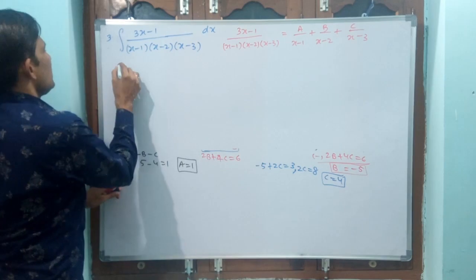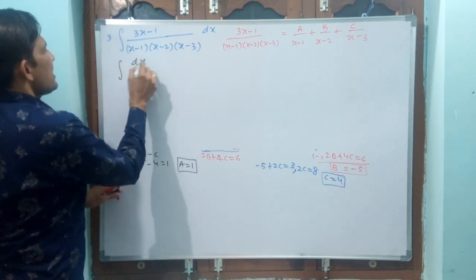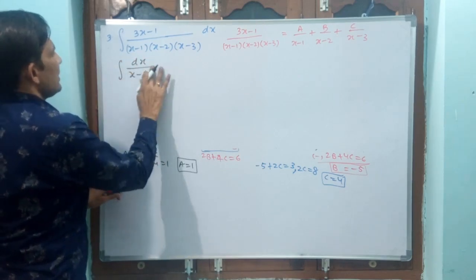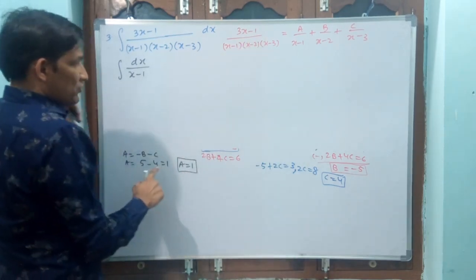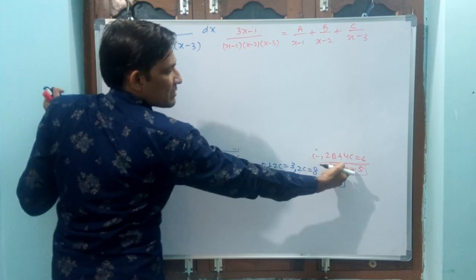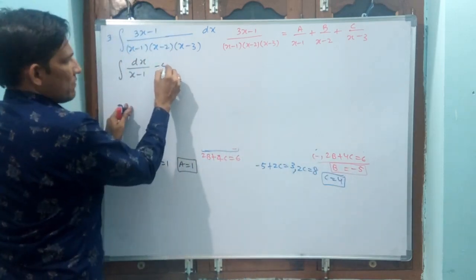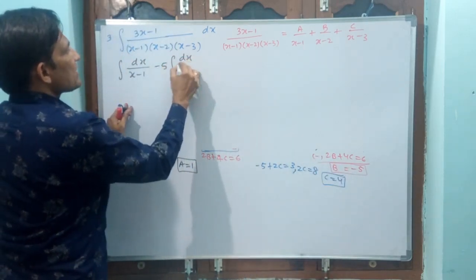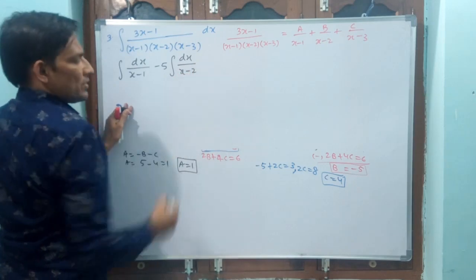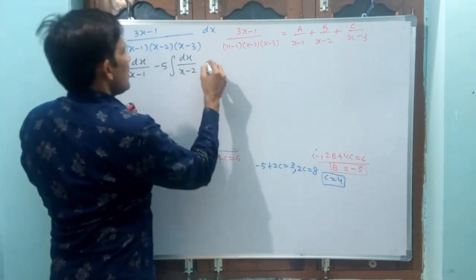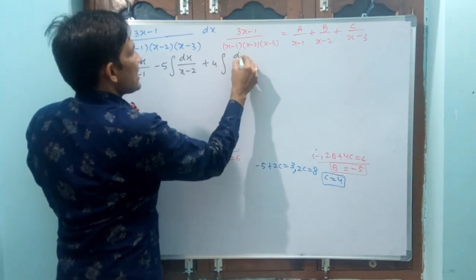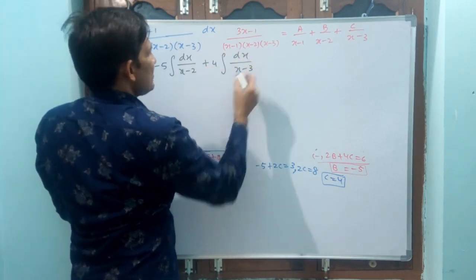a is 1 means you see integral dx by x minus 1. Okay, 1 means you need not write anything. Plus b, you see plus b we have to write, but here b is minus, then minus 5 integral dx by x minus 2. And plus c you have to write, plus c is how much? 4. Plus 4 integral dx by x minus 3 you have to write.